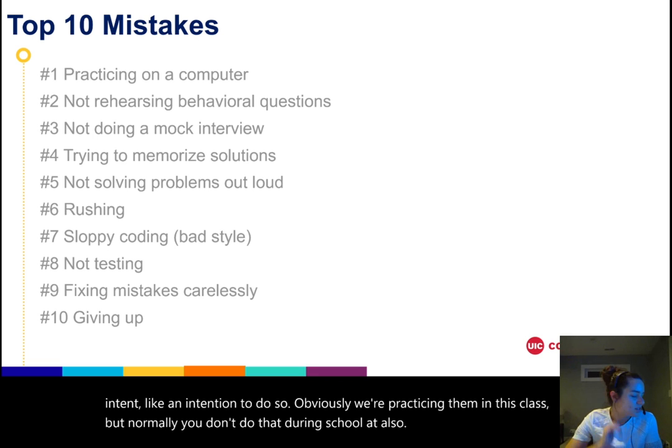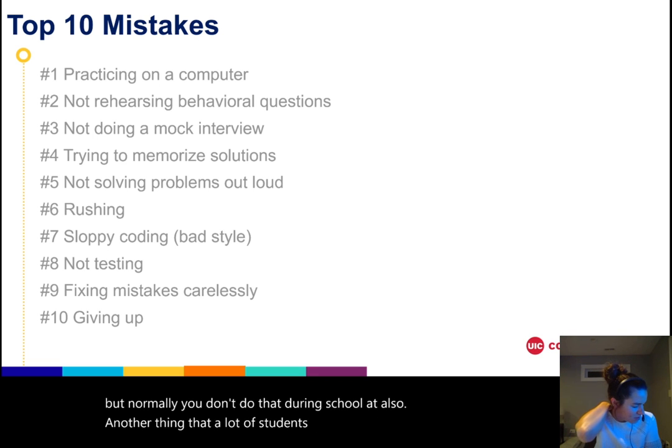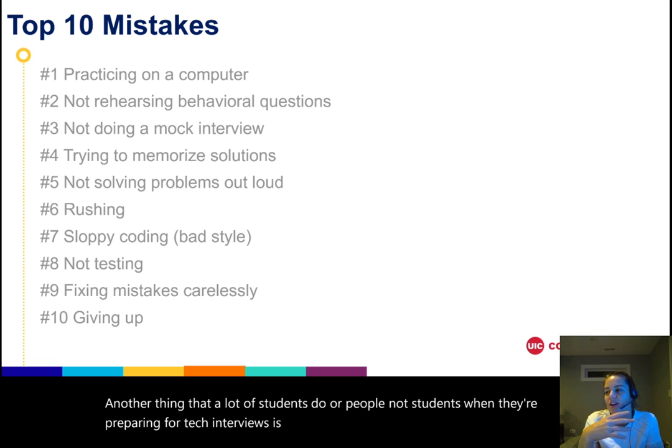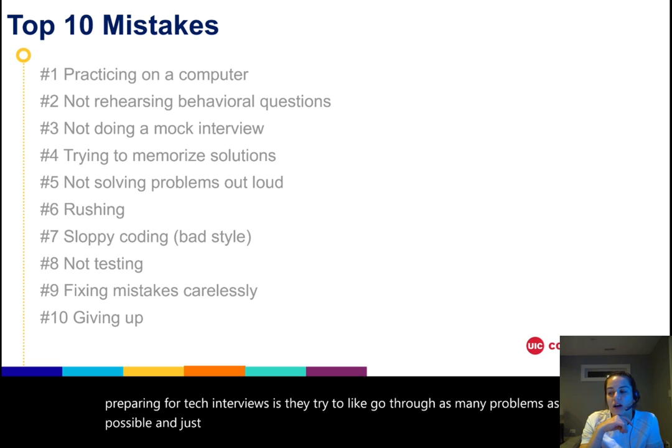Another thing that a lot of people do when they're preparing for tech interviews is they try to go through as many problems as possible and just memorize solutions.